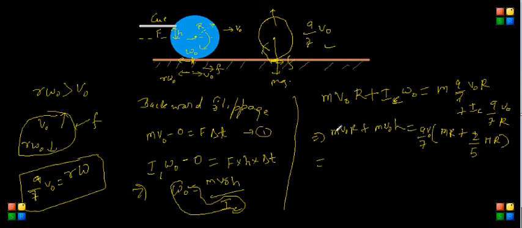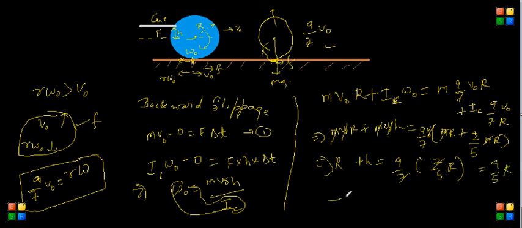Let's cancel out m throughout the equation, and v naught as well. We are left with r plus h equal to 9 by 7 times r plus 2 by 5 r, which is 7 by 5 r. The 7 cancels, so this is 9 by 5 r. My r plus h is 9 by 5 r, so my h is 4 by 5 r.